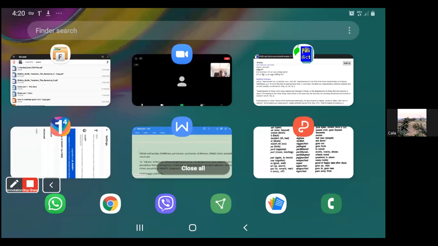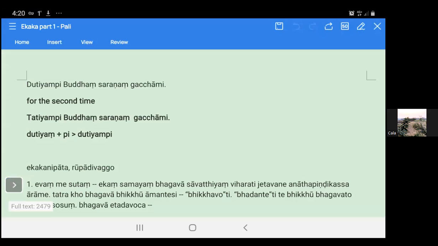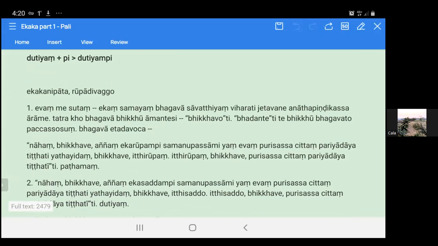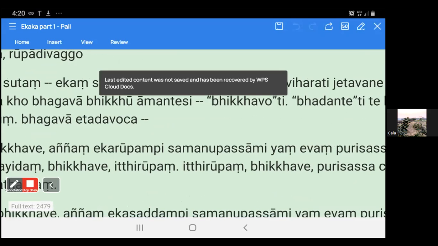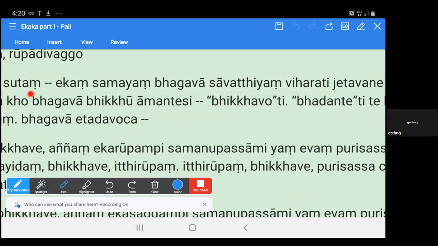Okay, so now let's go back to the text just now. I want to emphasize the prefix because you can see the prefix in the words. Samanupassāmi. How many prefixes can you see here? Sam, yes, sam, anu, and the verb is passāmi.